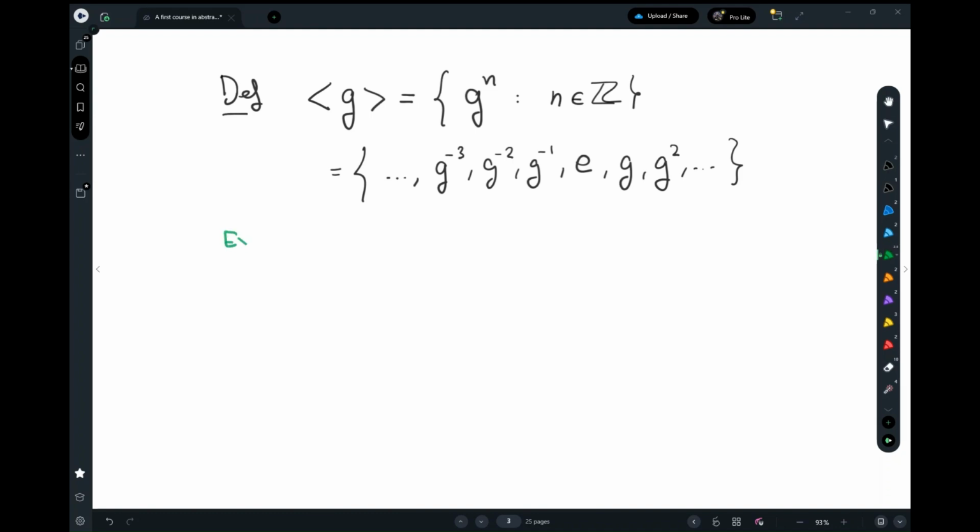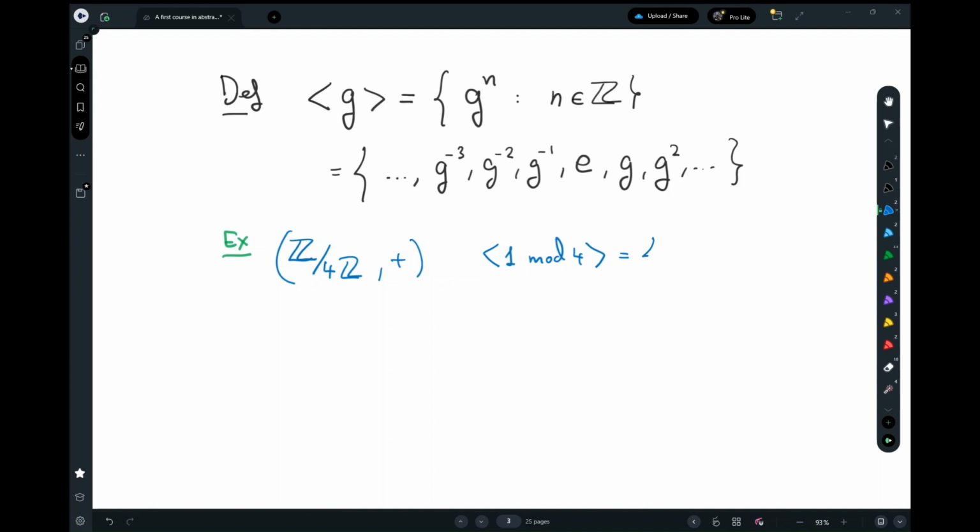But let me show you that sometimes this looks like an infinite set, but many times this is a very finite set. So if we have Z modulo 4Z under addition, then what is the subgroup generated by 1 mod 4?